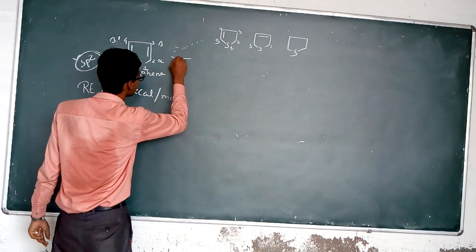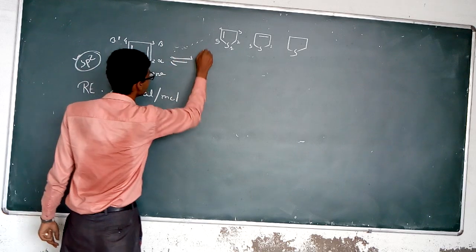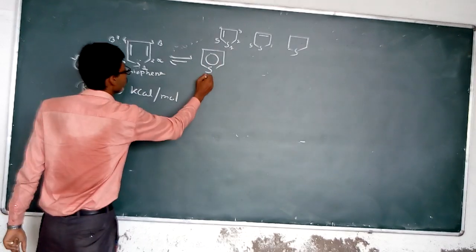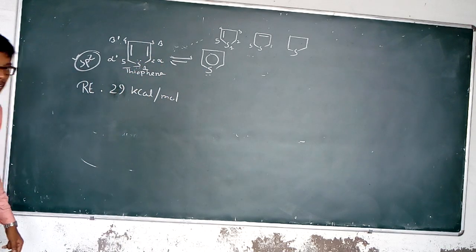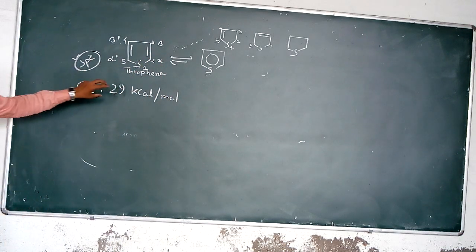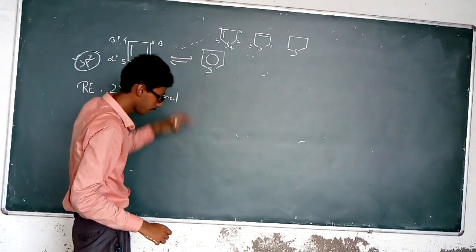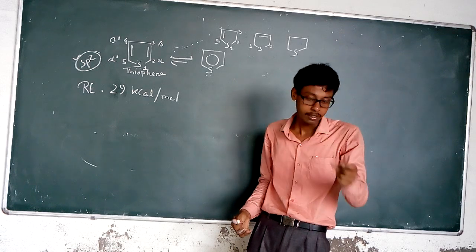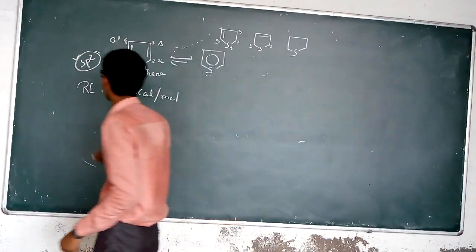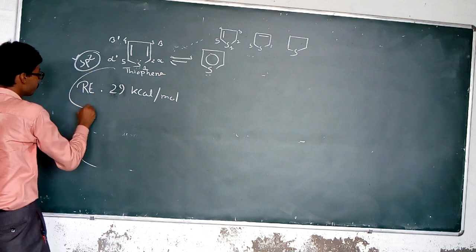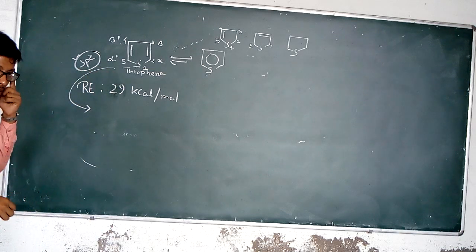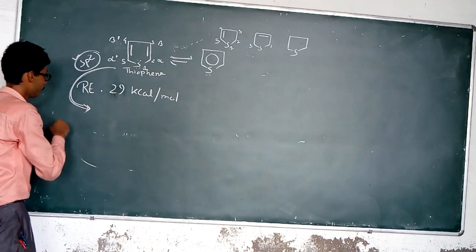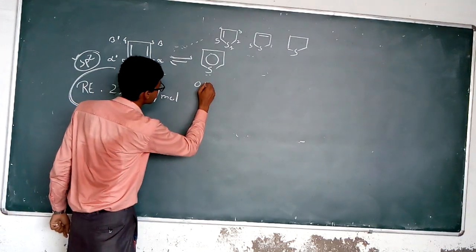When the lone pair takes part in the conjugated ring system, the aromaticity of thiophene is proven by resonance, and resonance occurs in thiophene because it is a less electronegative compound when compared with oxygen.